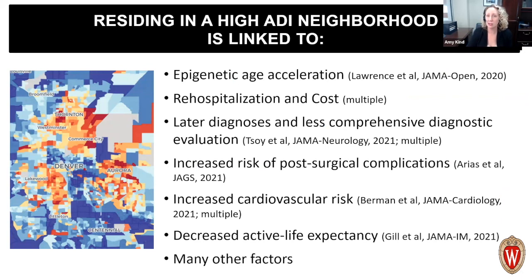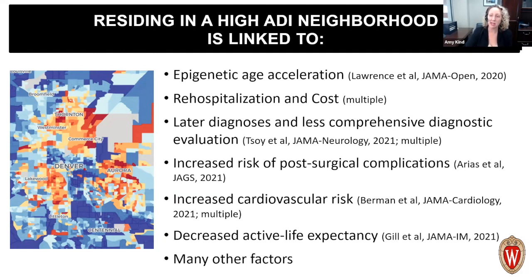ADI has now been strongly linked to more rapid aging, including acceleration of epigenetics. And this finding has been duplicated in multiple studies now and cross nationally. The ADI does harmonize with similar metrics in other countries, so it allows us to do cross national harmonization with these types of genetic studies. It has been linked to higher costs of care, greater risk for rehospitalization, more trouble accessing care and diagnoses, greater risk of post-surgical complications, poorer post-surgical survival, increased cardiovascular risk, lower survival overall.